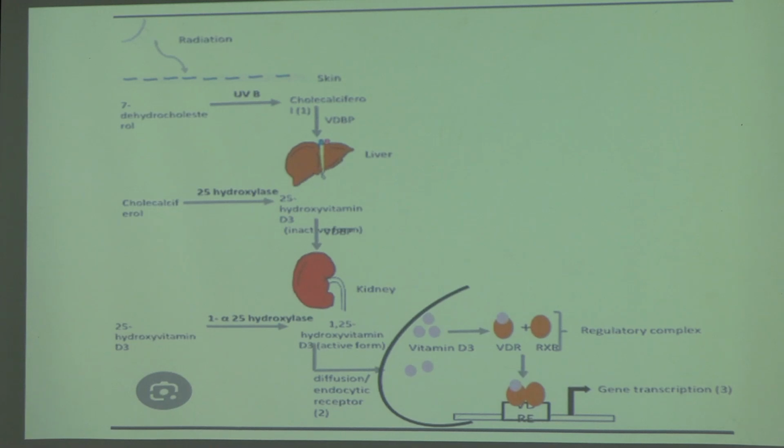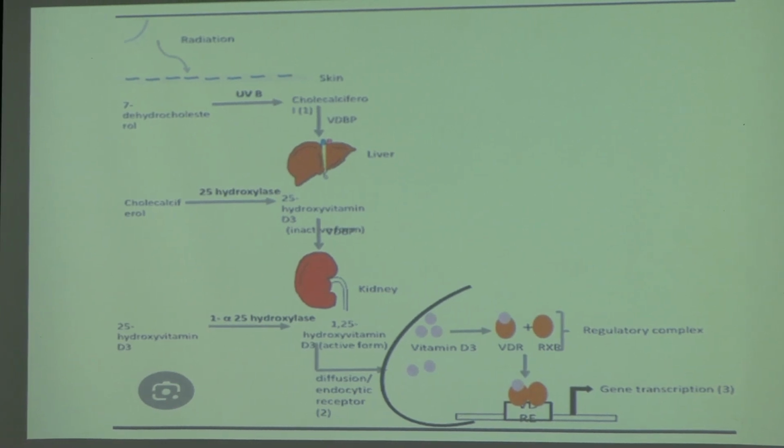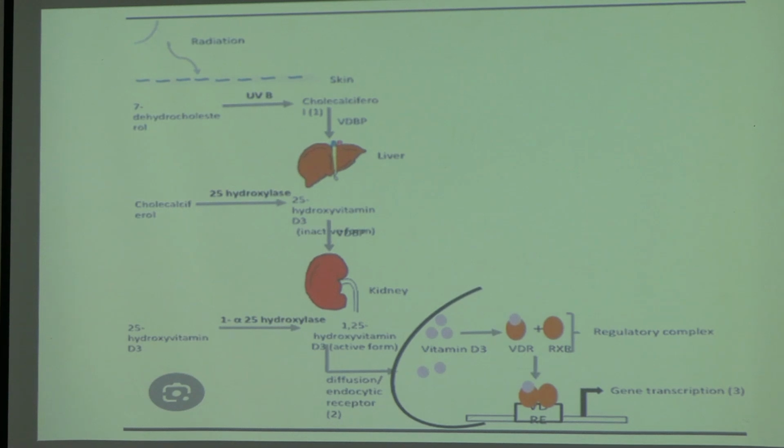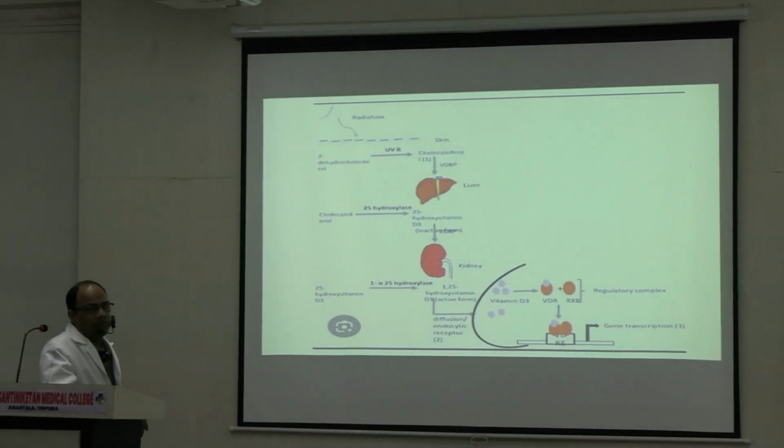This converts it into 25-hydroxycholecalciferol, and this is the storage and circulating form of vitamin D. It converts into 1,25-dihydroxy vitamin D3, the active form.